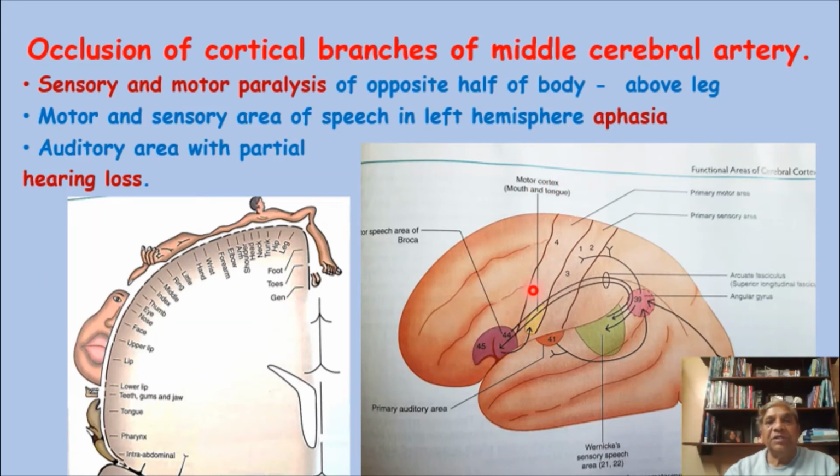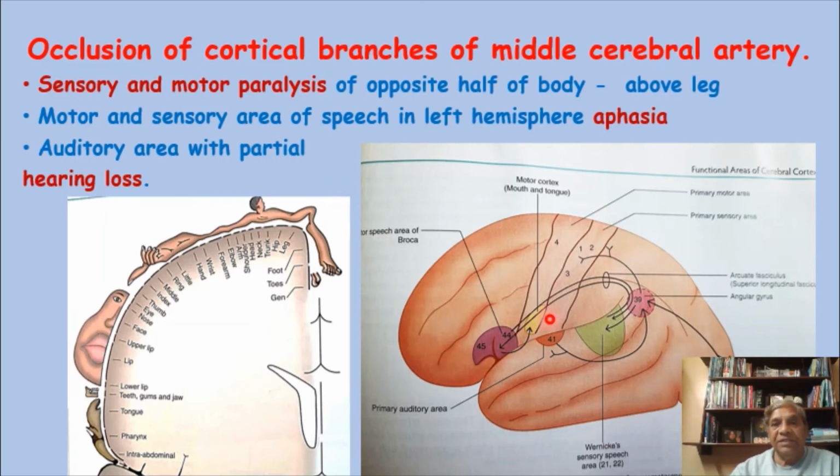Motor and premotor areas are here, and posterior to the central sulcus are areas number 3, 1 and 2, and this is the primary sensory area. All the motor and sensory areas just above the knee joint, that is the thigh, the trunk, the neck, the head, the upper limb, the hands, then the face and larynx, are all represented here, in front of the central sulcus for motor and posterior to the central sulcus for sensory activity.